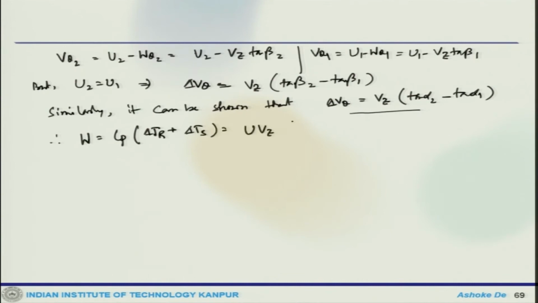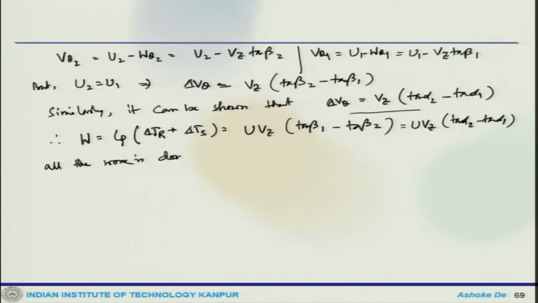This is u V z tan beta 1 minus tan beta 2, or u V z tan alpha 2 minus tan alpha 1. But all the work is done by the rotor.